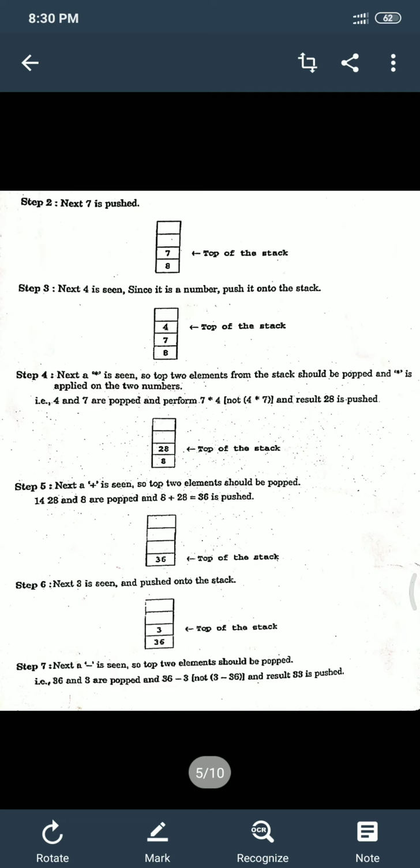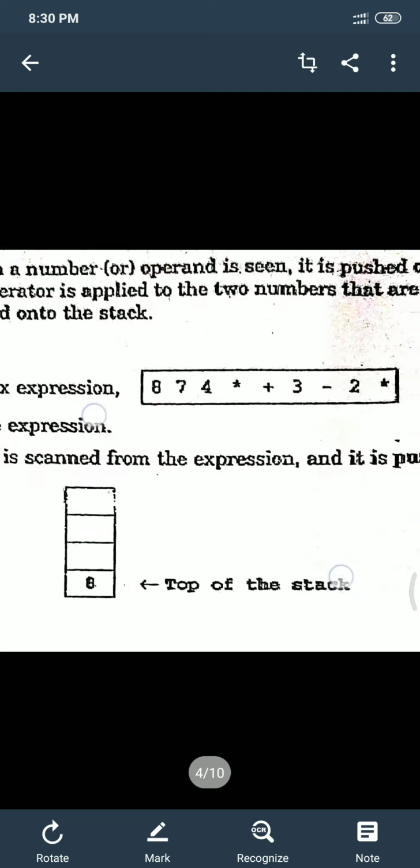The next step: again we could see in the expression we have encountered an operator, that is the addition operator. So again we have to pop the two top elements from the stack and apply the respective operator operation.